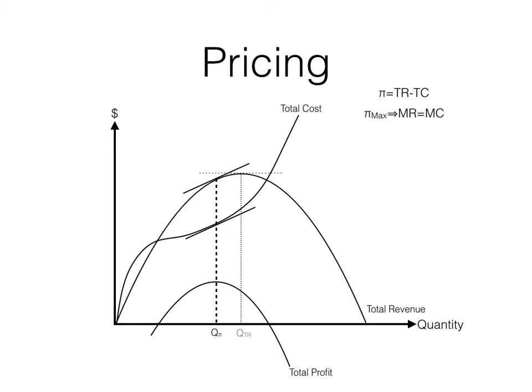So in this case here now, profit is total revenue minus total cost, and we maximize profit when marginal revenue is equal to marginal cost, and that's the change in total revenue due to a change in quantity, and the change in total cost due to a change in quantity, and that's going to be the slope of these two lines. Where they're equal, we've maximized profit.